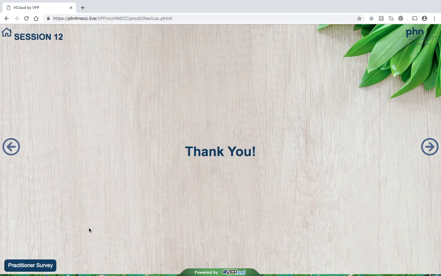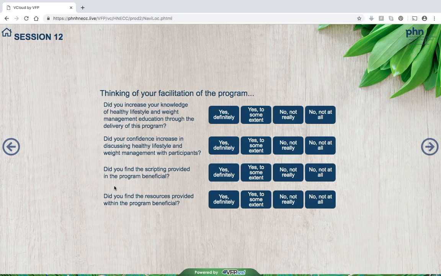Down the bottom we also have a practitioner survey. Once the patient has either left the room or completed their session, you can move on to the practitioner survey. If we just click on that, we'll be asking some similar questions around your actual experience throughout the 12-week program.